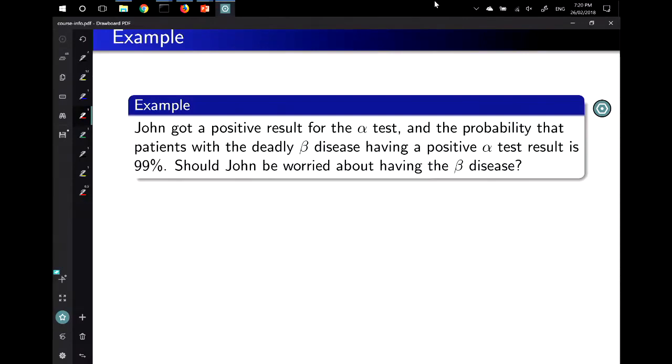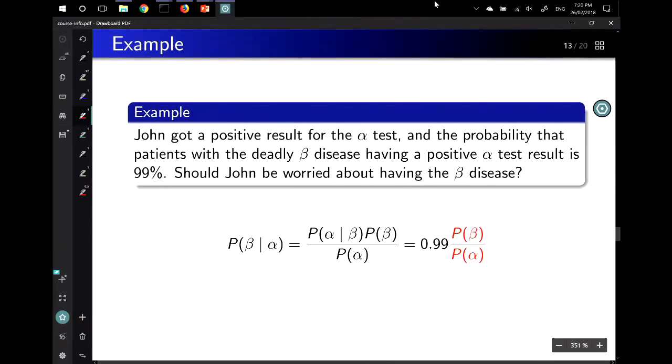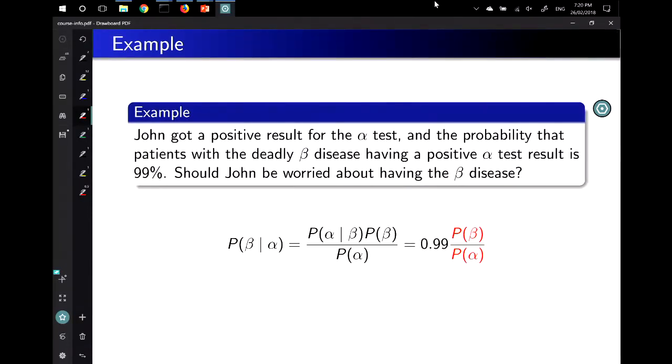So if we want to model it, the best way is to model it as a conditional probability.